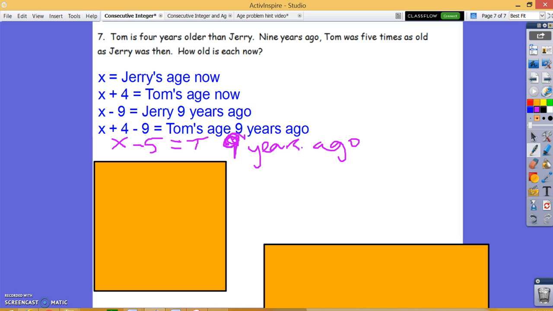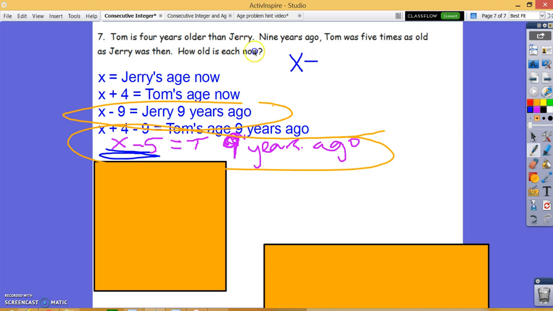Okay, so basically now we need to figure out what we're doing here. 9 years ago, so I know I'm using my 9 years ago expressions, this one for Tom and this one for Jerry. 9 years ago, Tom was X minus 5. Tom was, just like in the last problem, is the same as is.